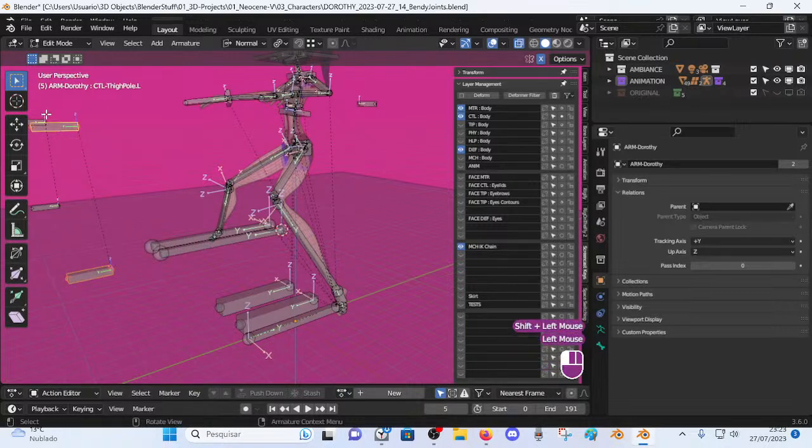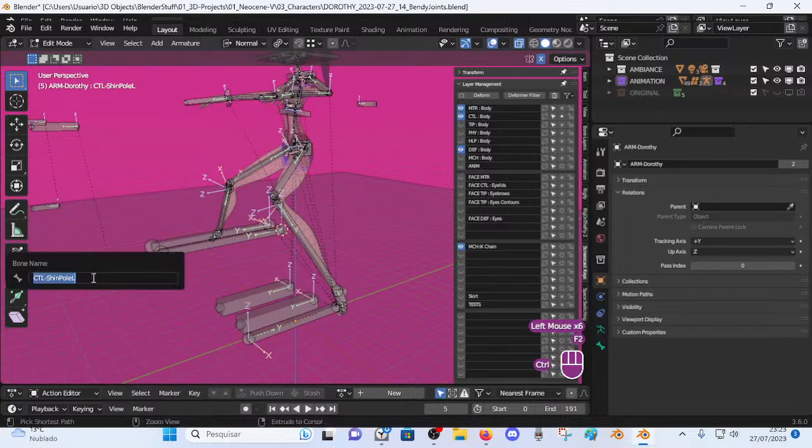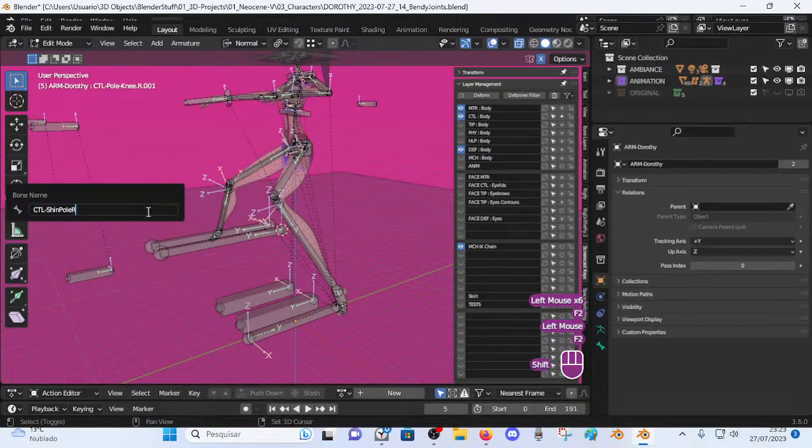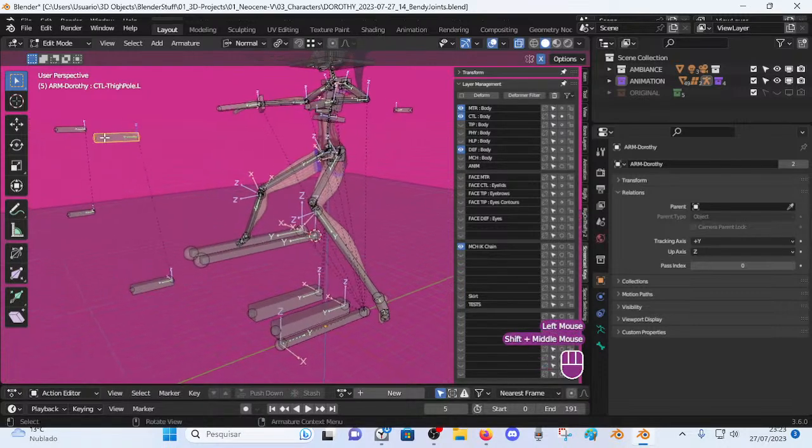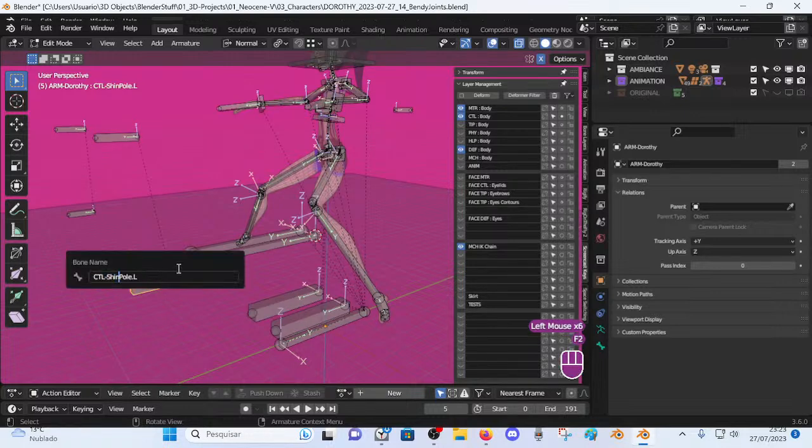Are they properly named? No. So this is to be shin pole right and shin pole left, and they are control bones. Yes, I call them control bones. So thigh pole, shin pole. Yeah, actually like this would be better.